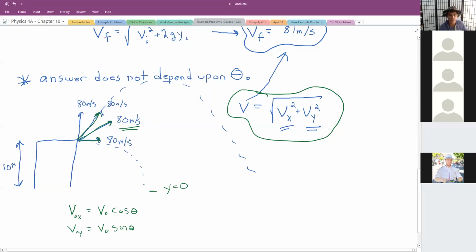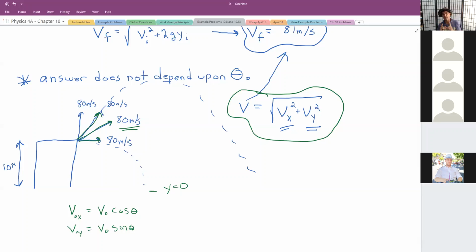So even though I'm launching all of these at 80 meters per second, if I have a different angle, I'm going to end up with different initial velocities in the x and y directions, and then when they hit, they're going to hit with different x and y components of the velocity.